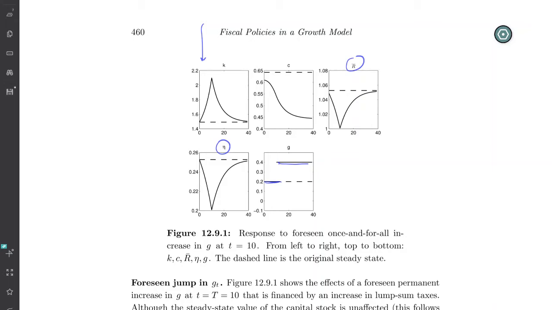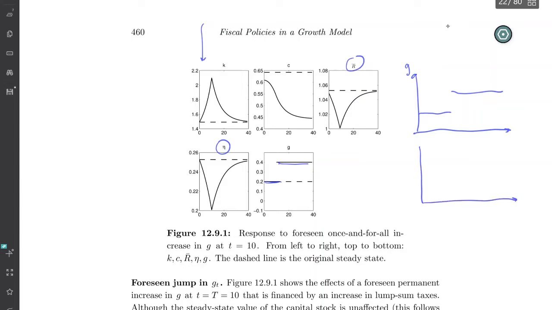you could ask yourself, why didn't C jump? See, this would have been feasible. I'll show you what solves feasibility. It's not going to be an equilibrium, but you could ask why. G goes up. That's G. This would have been feasible.